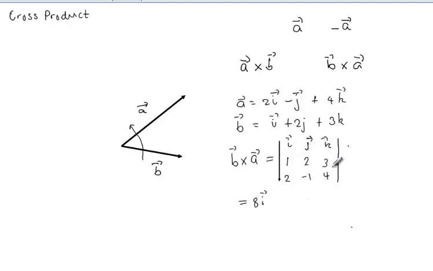The next thing is 6j. Anyone who feels uncomfortable, who doesn't know where that 6j is coming from, please shout. Then this is minus k. That is the sum of the products parallel to the principal diagonal, including the product on the principal diagonal.